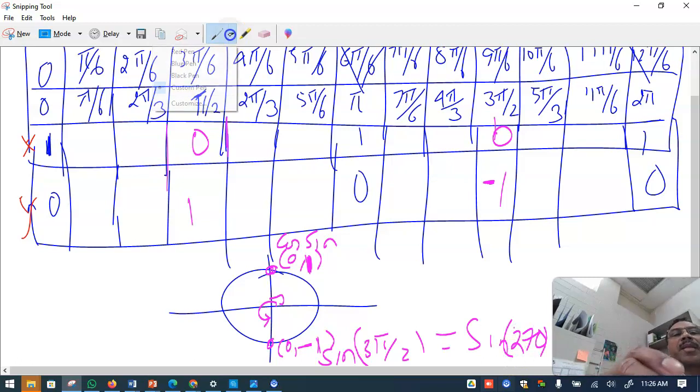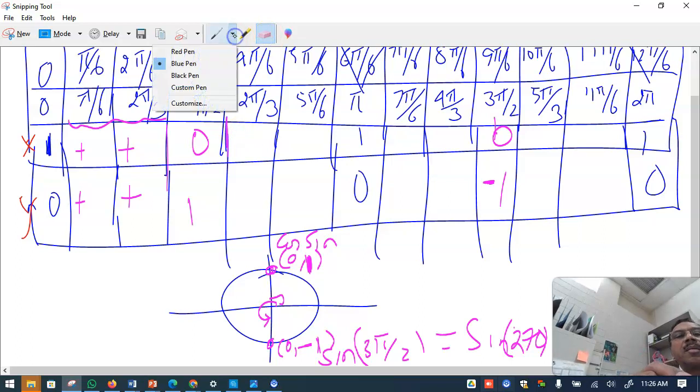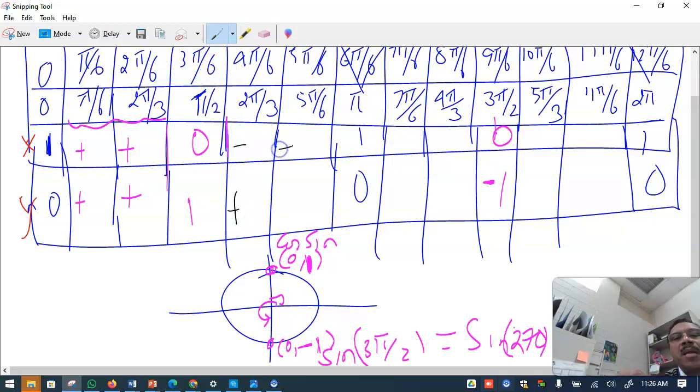Now the next is the first quadrant. In the first quadrant, both are plus. In the second quadrant, the x is minus and the y is plus.